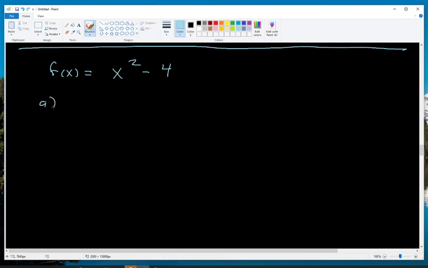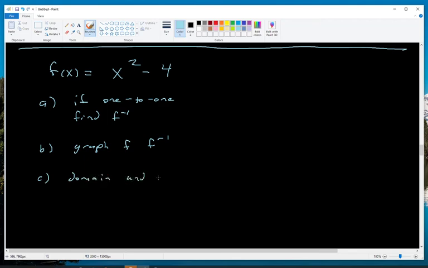So that'll be something like, if 1 to 1, find f inverse. Then it'll say something about graph f and f inverse, and then it'll want to know the domain and range of f and f inverse.